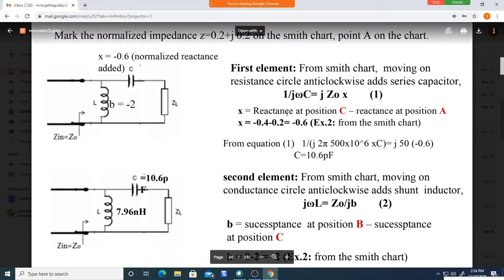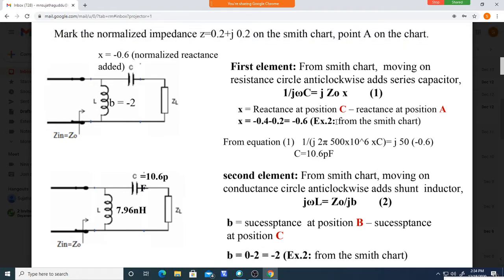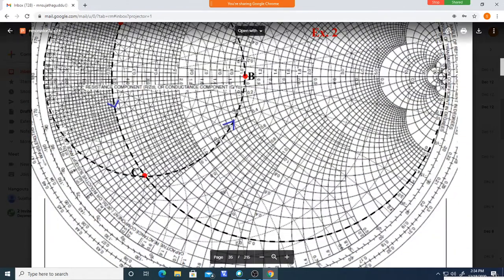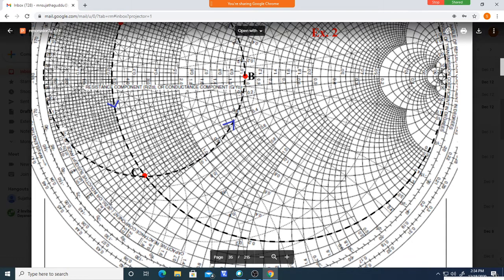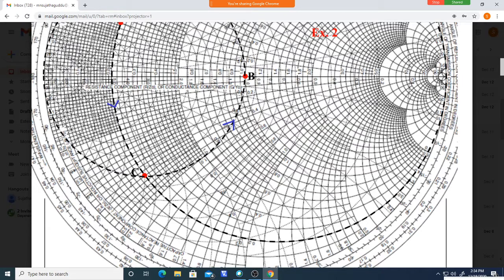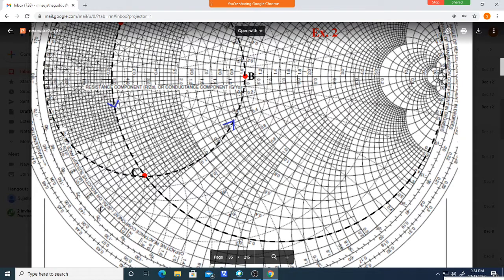So X is given by the reactance at position C. What is the reactance at position C? You should read it here. Reactance means solid lines. Here, this is the reactance circle passing through the point C. What is that value? It is 0.4 here.